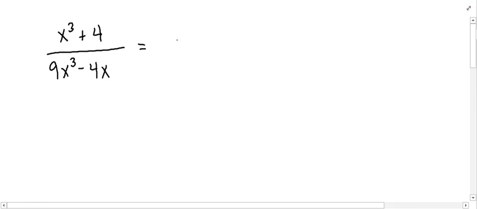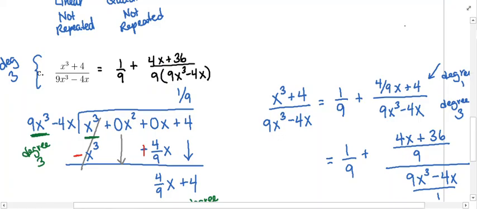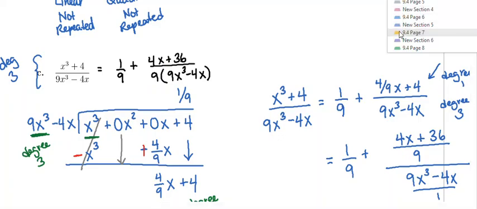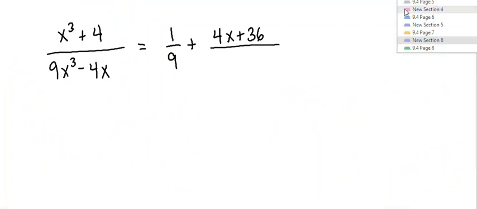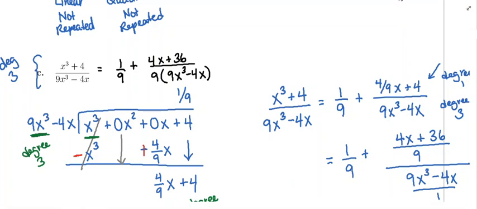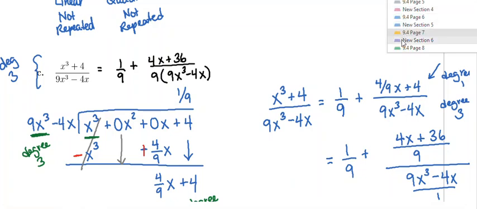After doing the long division, we know this is equal to 1/9 plus 4x plus 36 over 9 times 9x cubed minus 4x.